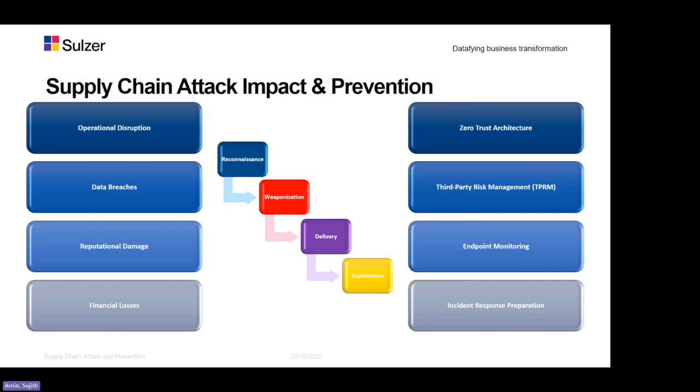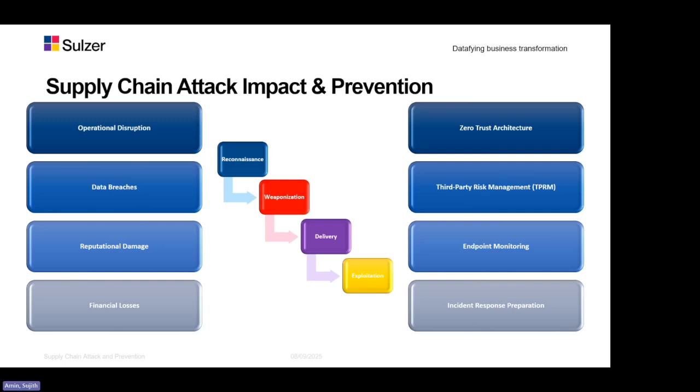For example, deploying a remote access Trojan to control a system, or using backdoors or malicious scripts to escalate privileges, etc. So these are the steps the attacker uses to carry out a supply chain attack.